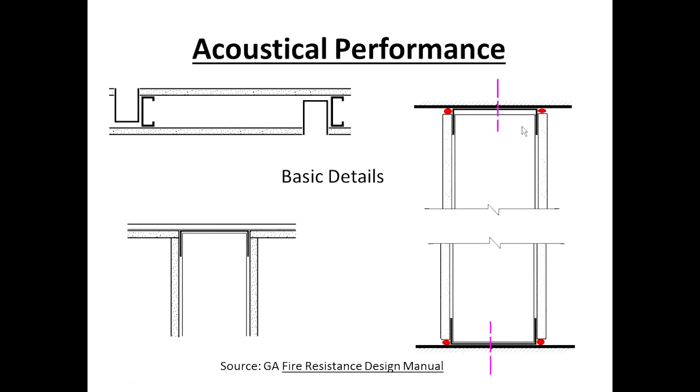The red dots, acoustical sealant, that's the appropriate application or location for acoustical sealant. I don't need it underneath the runner track. I just want a dollop of acoustical caulk that is in intimate contact with the bottom of the board or top of the board, the structure itself, and the leg of the track.